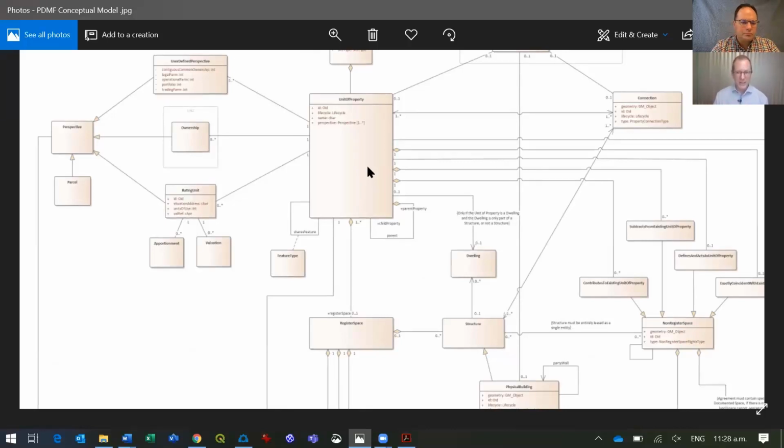The data stays with its owners. It's maintained under the current processes that those owners and agencies have in place. And what we maintain and expose is the relationships between the data. And we think that's quite achievable. We're already starting to build that link between a rating unit and a title.